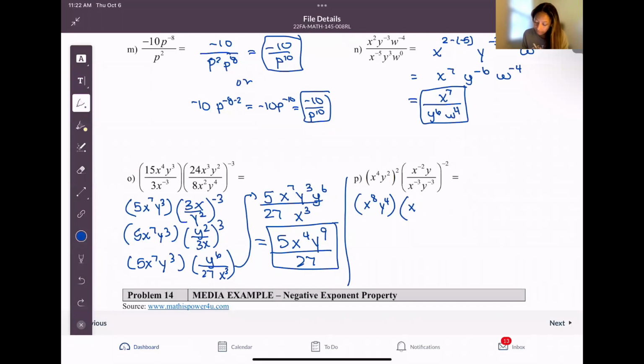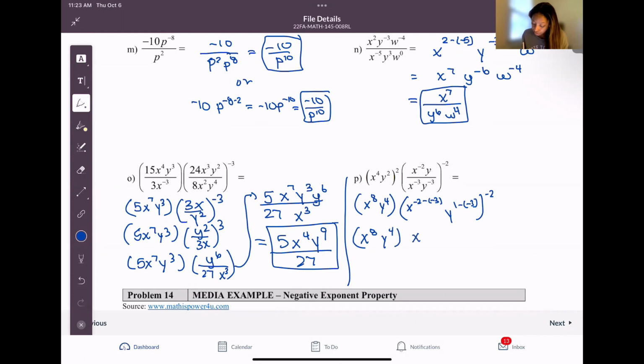I want to be clear about how this is simplifying because there's a lot of negatives. It can be a little tricky. So the x's, x to the negative 2 minus negative 3, y to the 1 minus negative 3. And then this is all raised to the negative second power, x to the 8th, y to the 4th.